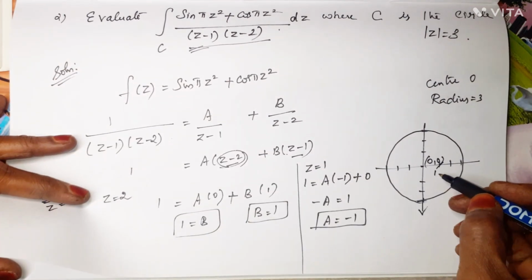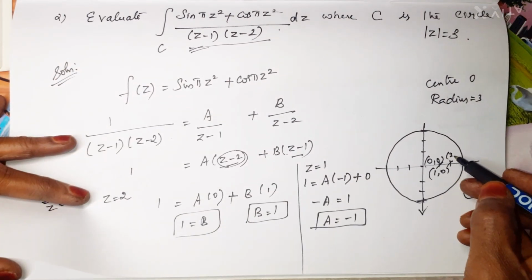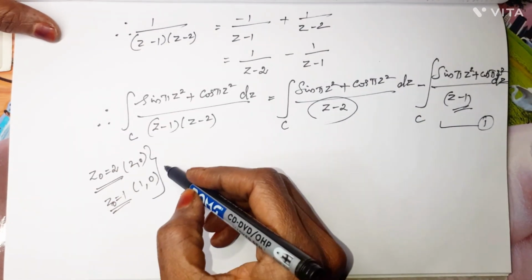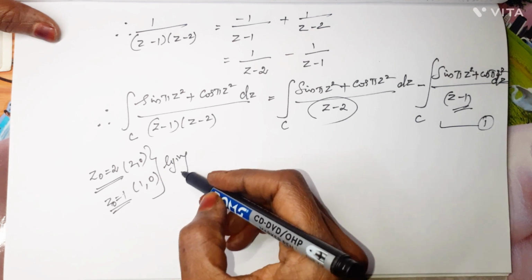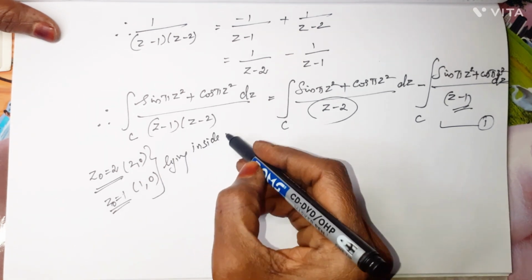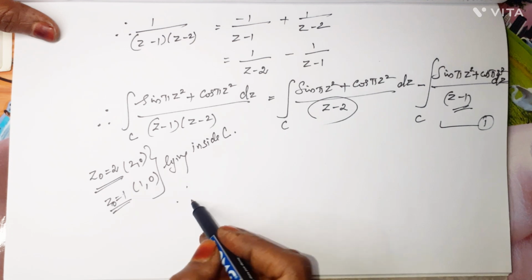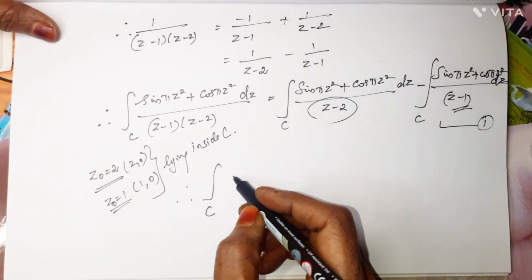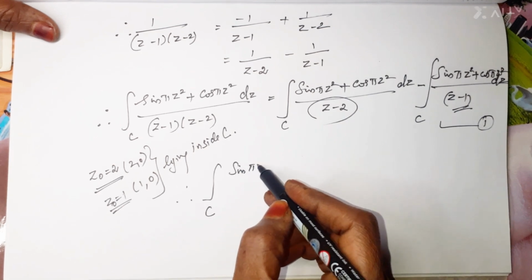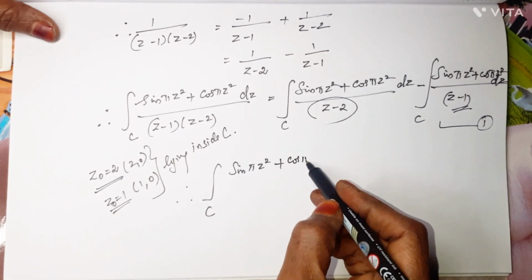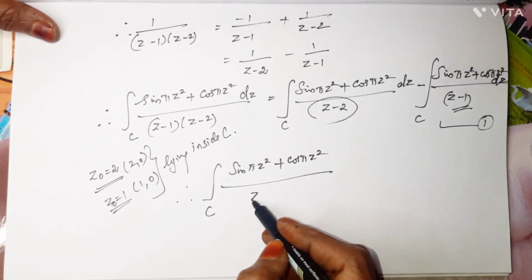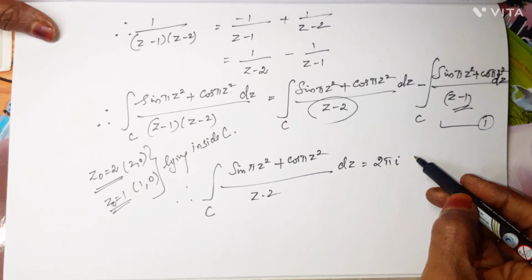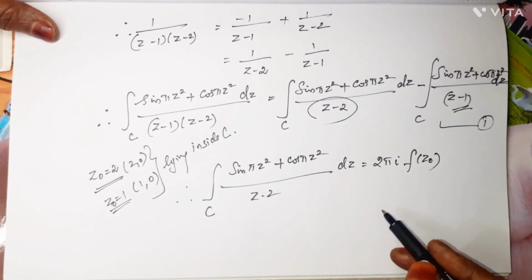Here this is (1, 0) and this is (2, 0). So both the values are lying inside C. Therefore using Cauchy integral formula for the first one, the integral of (sin πz² + cos πz²) by (z minus 2) dz is equal to 2πi into f of z0.